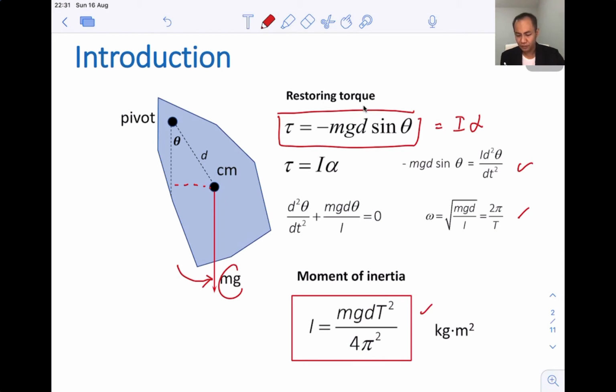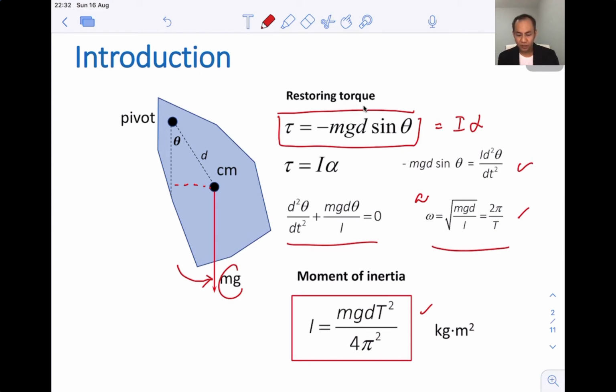You can do it at home using Newton's second law and the second derivative equation. So finally we will get omega, the angular frequency, equals square root of mgd over I, and then we know it is equal to 2 pi over T. T is the period of rotation. So finally we can get the moment of inertia in this form.